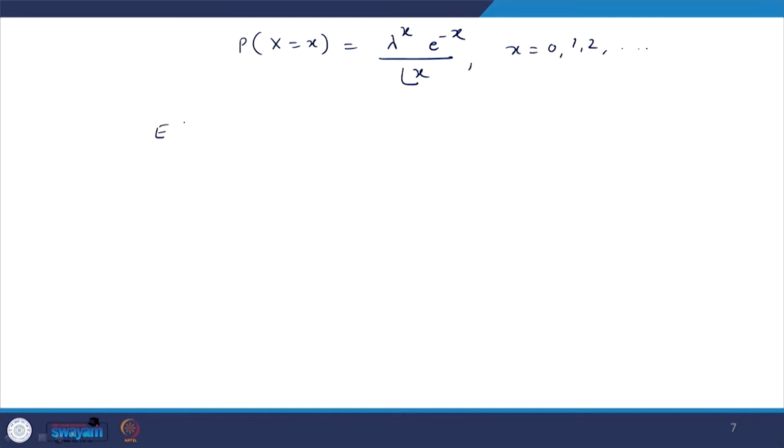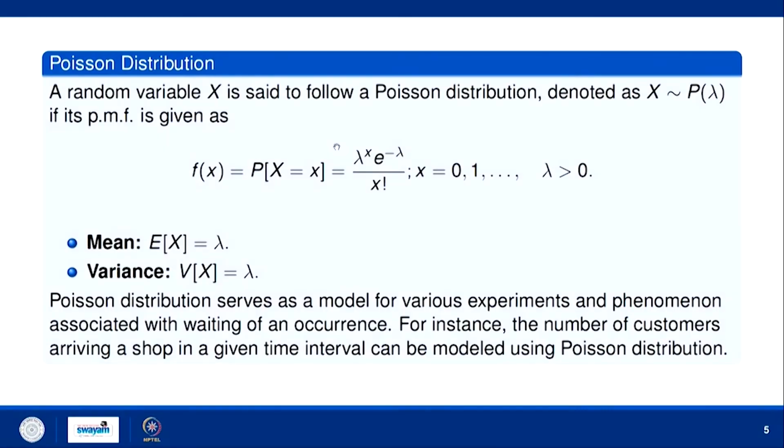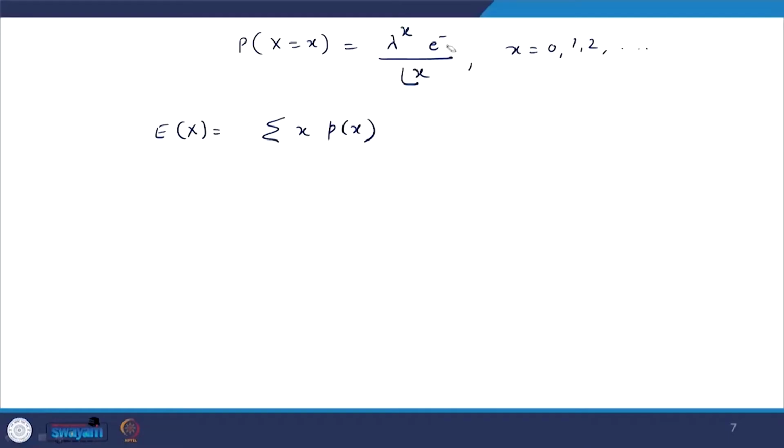So, what is the expectation of x? Here it is summation of x times p of x.